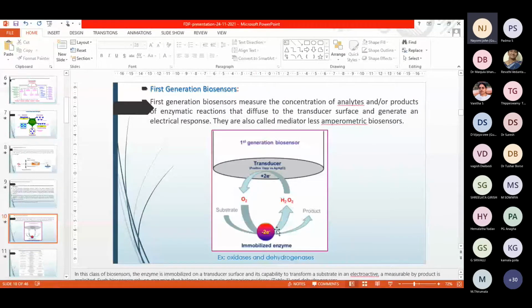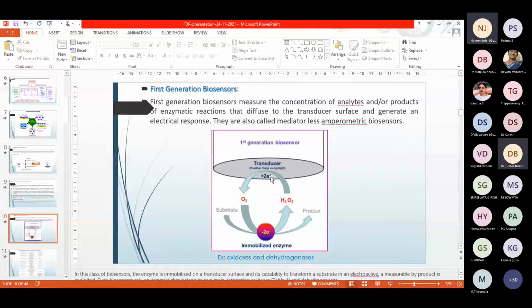So during the production of the gluconolactone, whatever H2 is produced will be combined with the bi-substrate. Oxygen will be used as the bi-substrate. So that H2 will combine with the oxygen, resulting in H2O2. This H2O2 again gets converted into oxygen by releasing 2 electrons onto the transducer.